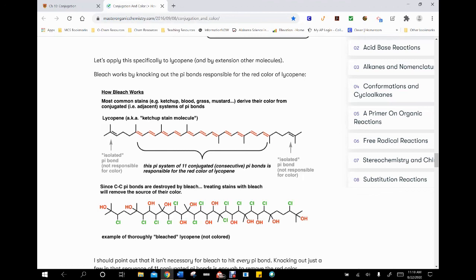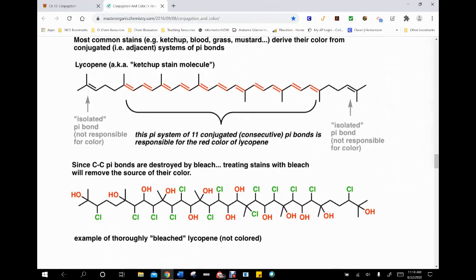And so what happens is the stains that tend to have these long conjugated systems react with the hypochlorite, and it turns all of those double bonds into new single bonds to an OH on one side and a chlorine on the other side. And when those double bonds are destroyed, it undoes the conjugation and it undoes the color.